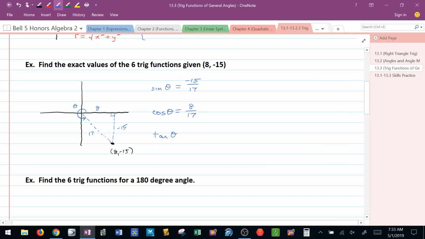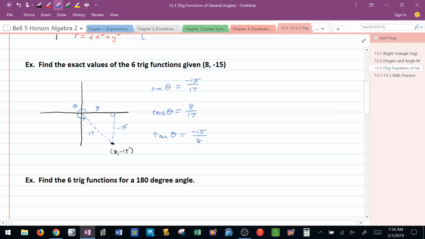I always remember it like this: it's sine over cosine. Or you could remember opposite over adjacent, right? So think of that theta being right at the vertex by the origin. And this would be negative 15 over 8.